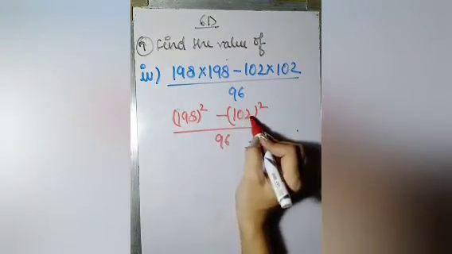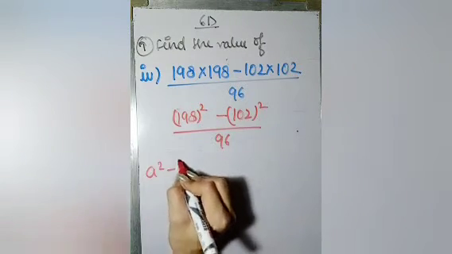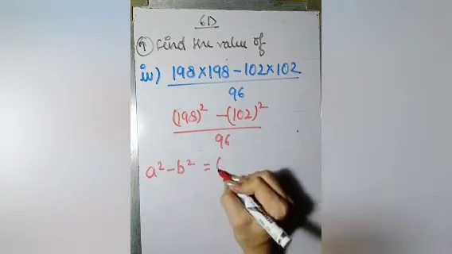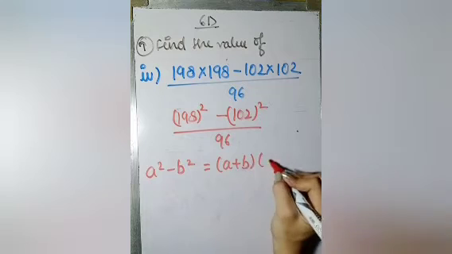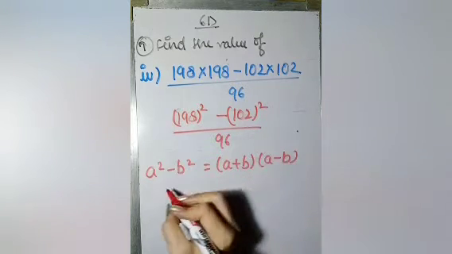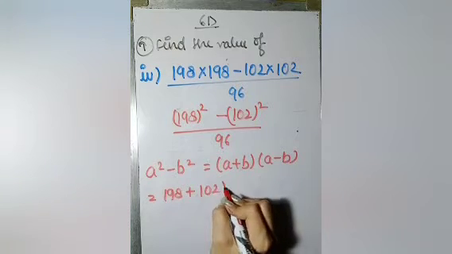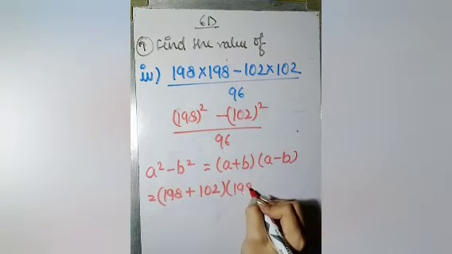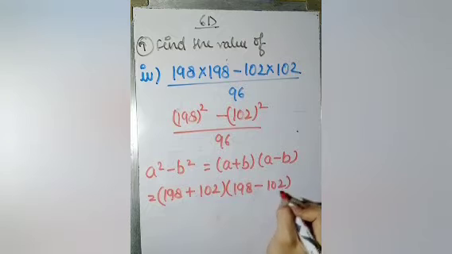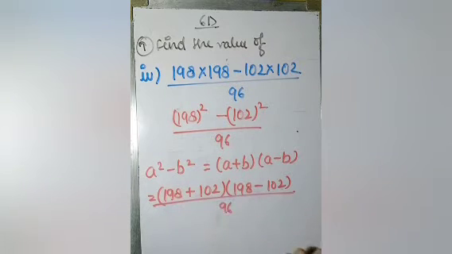Isn't it like a square minus b square? A square minus b square, isn't it? So we can write it as (a plus b) and (a minus b). So we can write here a plus b, a minus b, upon 96.